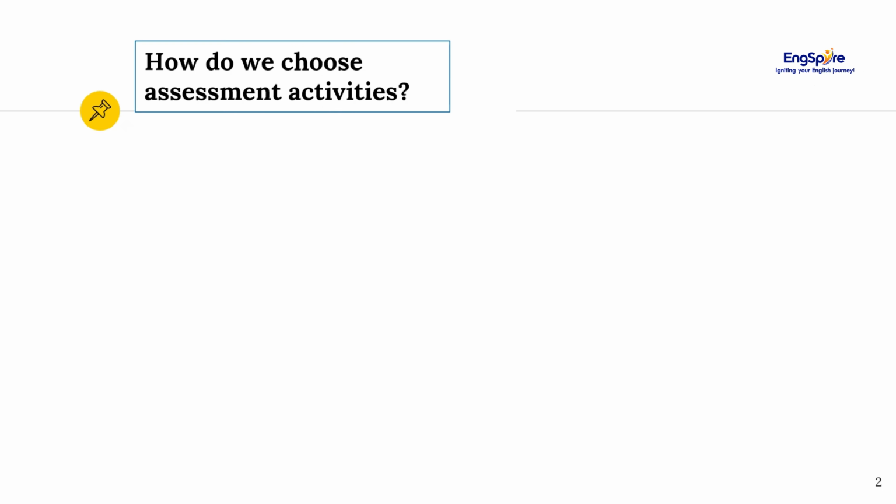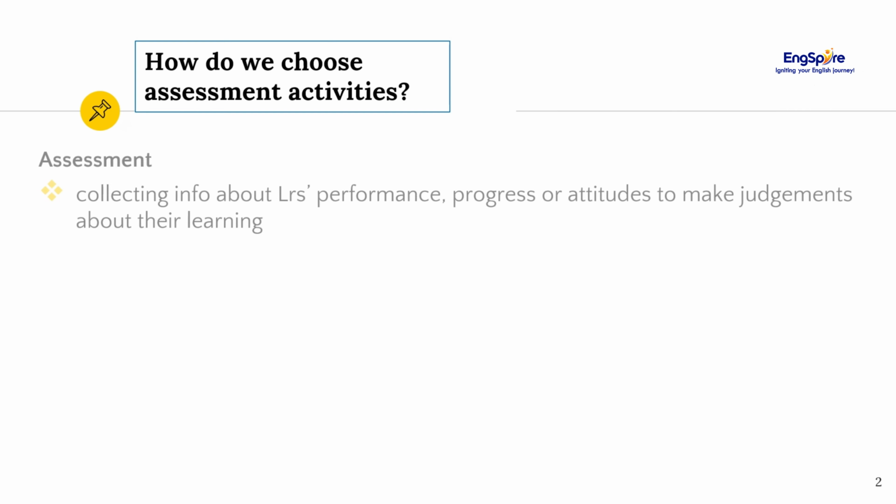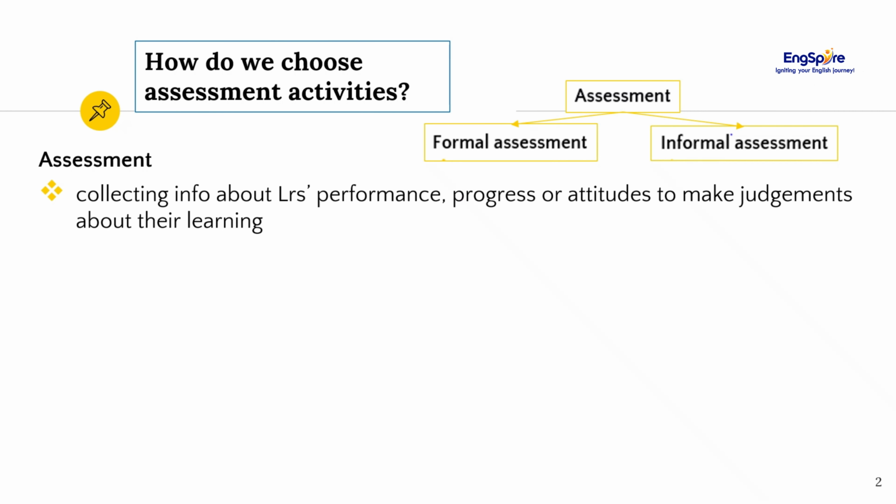First, let's clarify what we mean by assessment. Assessment is the process of collecting information about learner performance, progress, or attitude in order to make decisions about their learning. There are two main types of assessment: formal assessment and informal assessment.